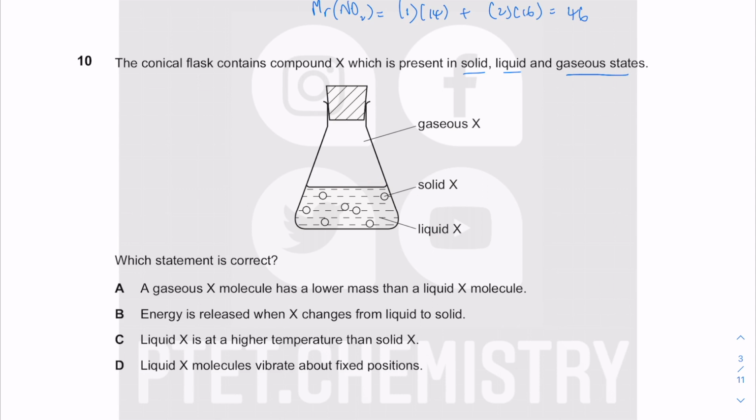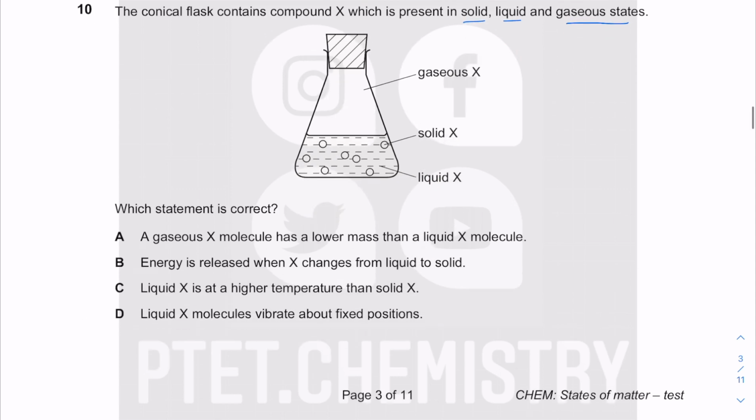Okay, what can we say? A gaseous X molecule means one. Okay, so if you have one molecule of X, does it have a different mass from a molecule of liquid X? Okay, so if I have 1 gram of H2O solid, it will be the same mass as 1 gram of H2O liquid.